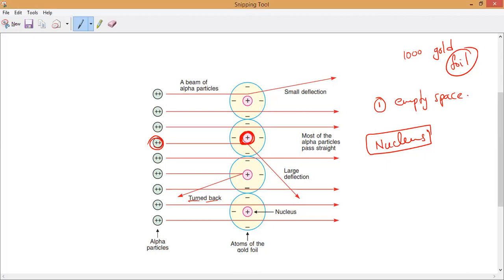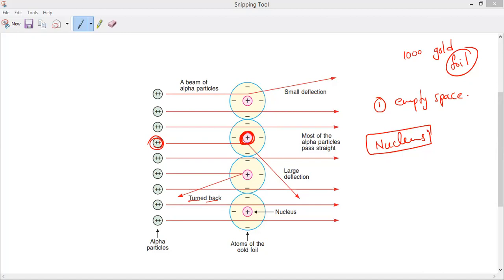If they ask you for the observations made by Rutherford in the exam, you have to say, first, most of the alpha particles pass through the gold foil without any deflection. Second, a few alpha particles are deflected through small angles, and a few are deflected through large angles.